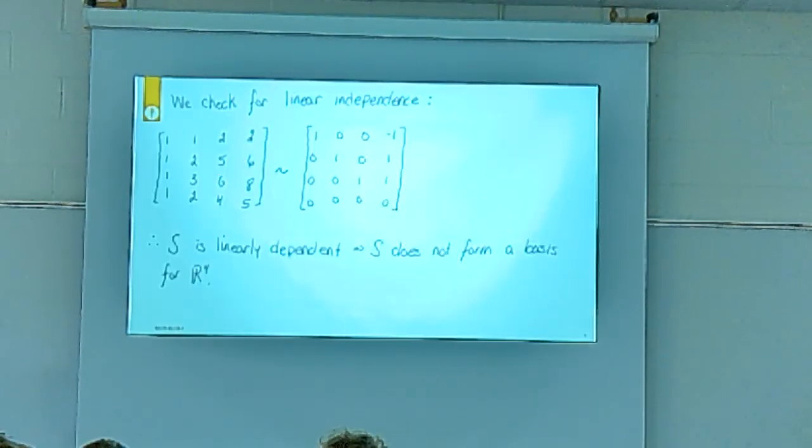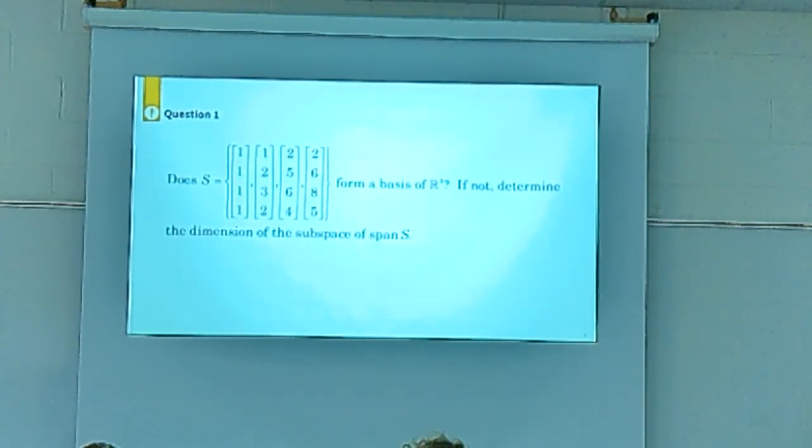Right, so column 4 has no leading ones. So we could write 2, 6, 8, 5 as a linear combination of the remaining 3. So remove it. What you're left with will now be linearly independent.